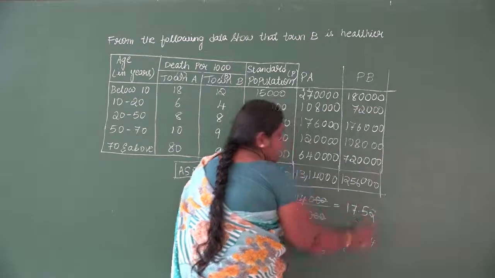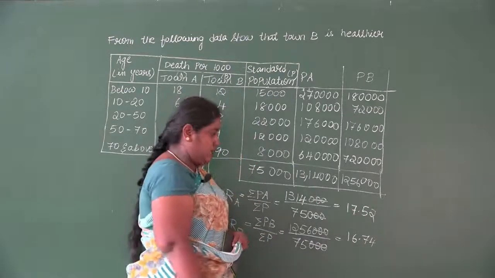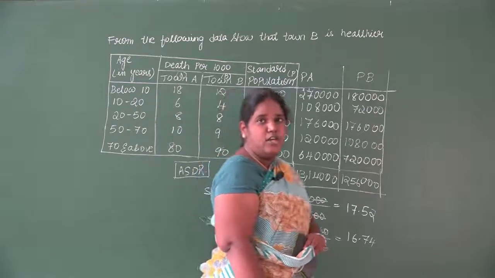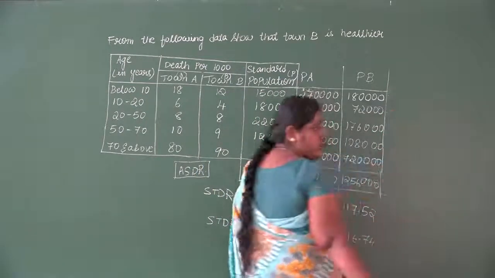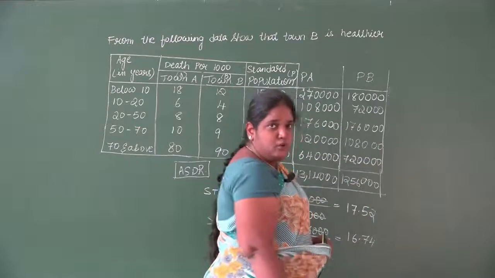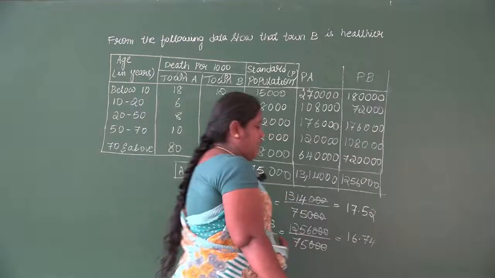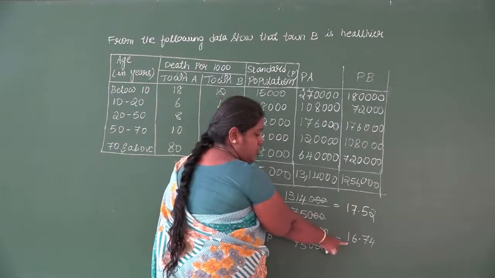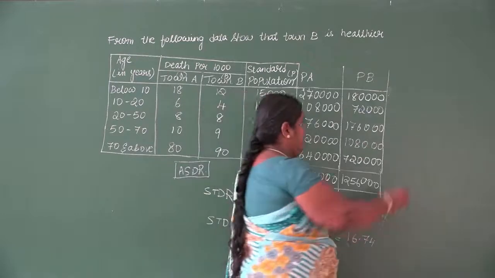Since here it is given regarding the two populations, town A and town B, it is compulsory that you have to write the conclusion. If it is only about one population, you cannot comment. If it is more than one, you have to write the comment. So here if you compare the values, A value is 17.52, B value is 16.74, which is lesser. B is lesser.